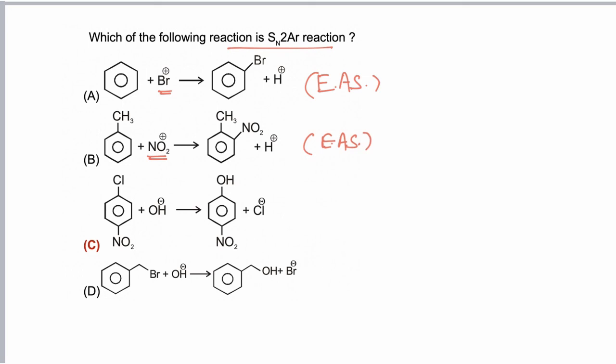In the third case, OH negative acts as a nucleophile, and this reaction takes place via the SNAr mechanism when chlorobenzene is present and NO2 or electron withdrawing groups are present at ortho or para position. While the fourth reaction is a simple SN2 reaction in an aliphatic compound because Br is attached to the aliphatic part, while in case C chlorine is attached to the aromatic part. So option C is the correct answer.